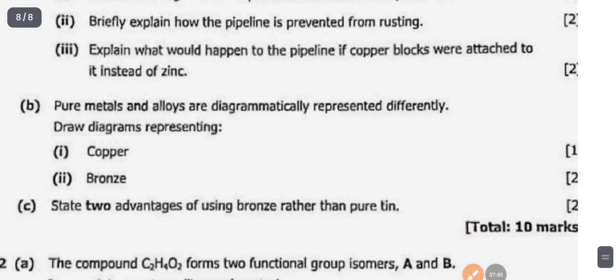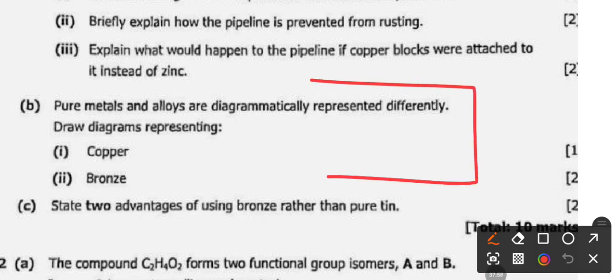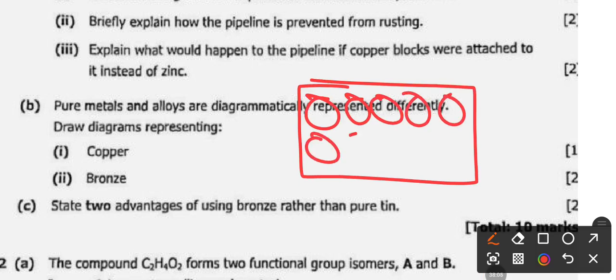Question B. Pure metals and alloys are diagrammatically represented differently. Draw diagrams representing copper. So for copper, say this is a pure metal. I can draw it like this.